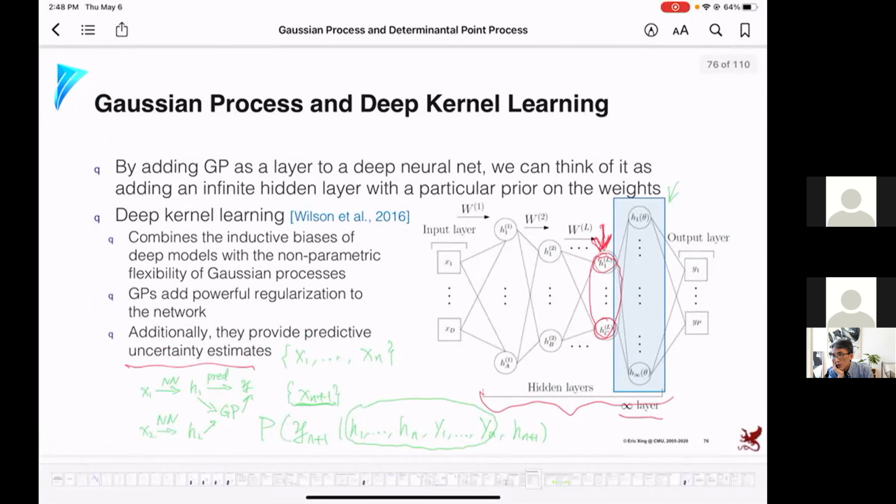Probably that can explain. Right now, suppose we have y1 up to yn plus 1 data points, and they are sampled from this Gaussian process. Once we know the values of y1 up to yn, actually the order does not really matter. We know n values, and then we can write down the posterior distribution of yn plus 1 given the observations and the Gaussian process prior.